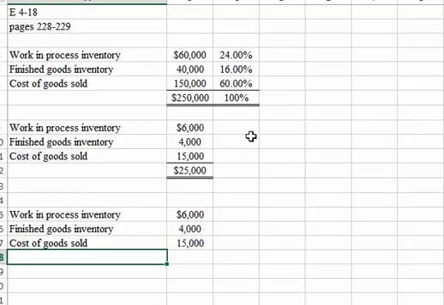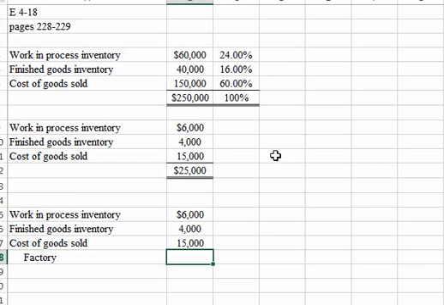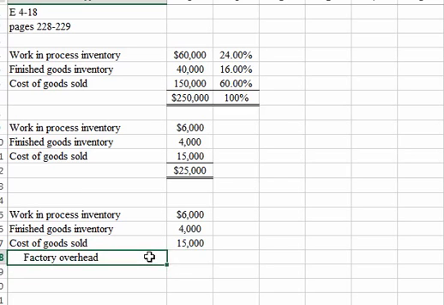Now, factory overhead had a debit balance of $25,000, which means it was underestimated or underapplied, so we're adding more overhead to these accounts. But we want to bring that overhead balance to zero. Well, it had a debit balance for $25,000. To zero it out, we're going to have to credit factory overhead for $25,000.